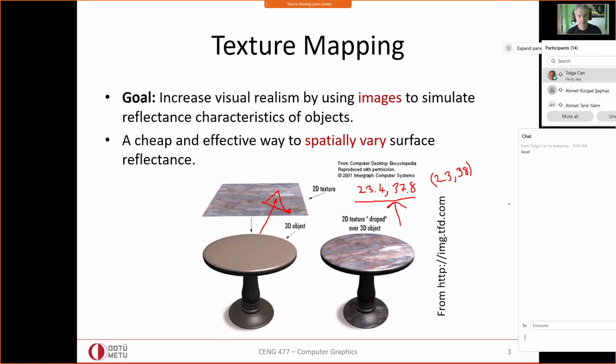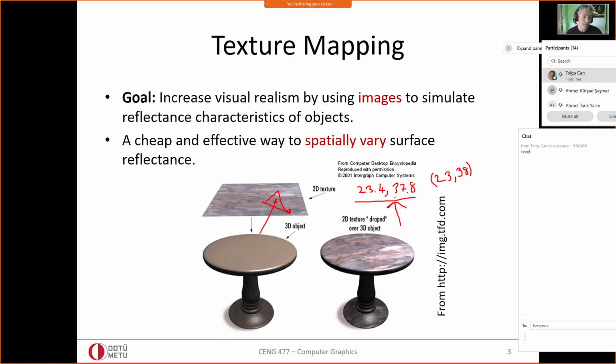The texture pixels are sometimes called texels, or most of the time we just call them pixels. So if this turns out to be the interpolated result, we may use the nearest pixel's color.